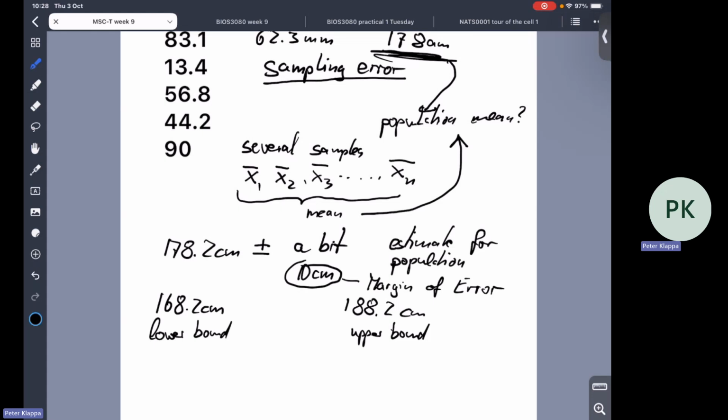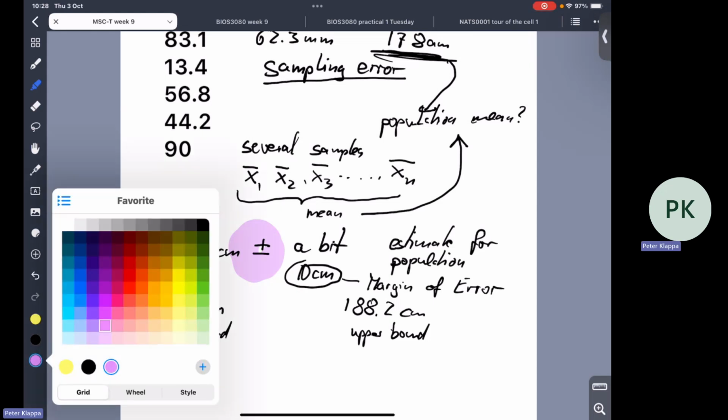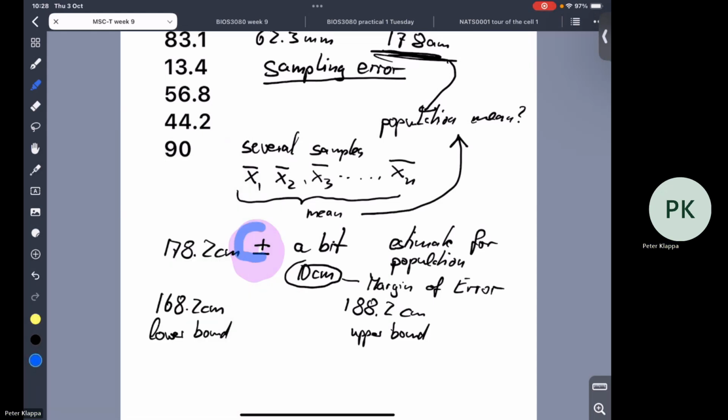How do I find these 10 centimeters? How do I find this margin of error? Yes. What you see here, in this particular case, let me highlight that. I have put in a plus and minus. Can't see that with this beautiful color. Let's do it like that.